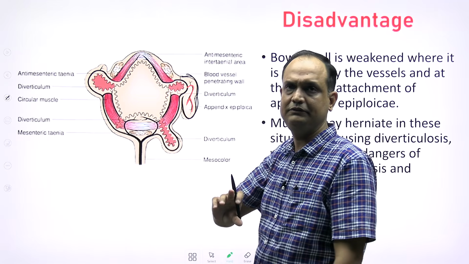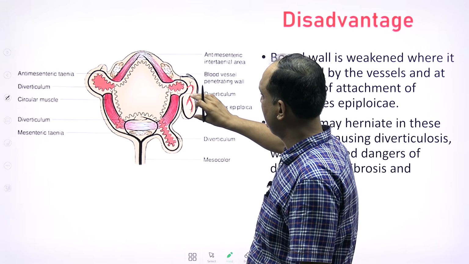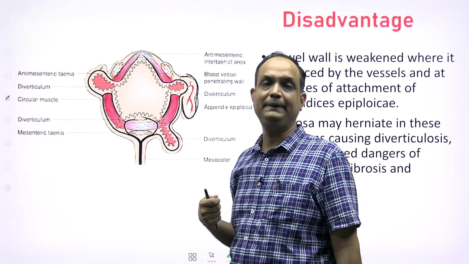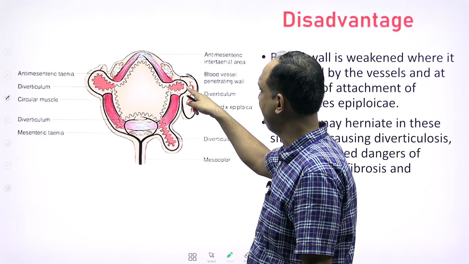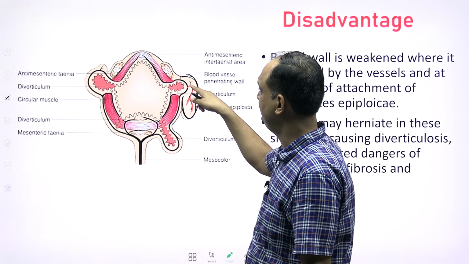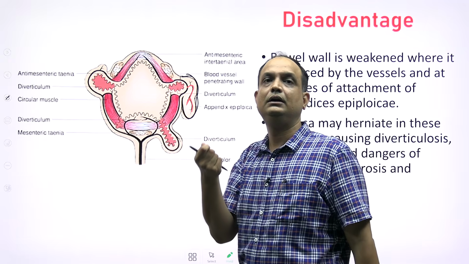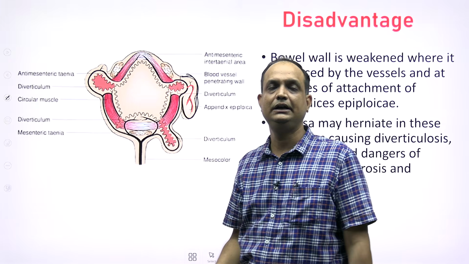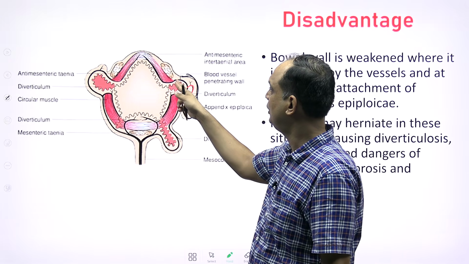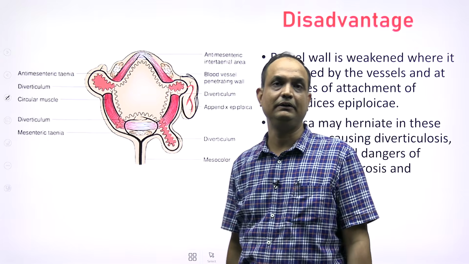So, the first thing which you have to identify is that you cannot just pull this appendix epiploica from the surface, because it has a blood vessel. If you just pull the appendices epiploicae or the fats on the outer side of the colon, you will actually tear this underlying blood vessel.